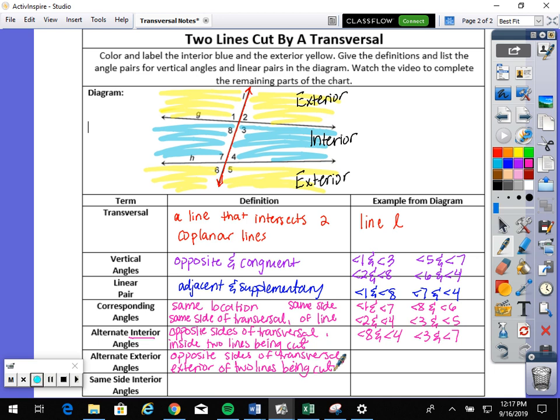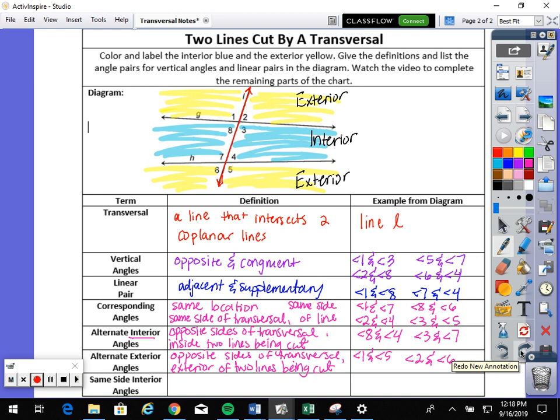So we're going to have angle 1 and angle 5, and then we're going to have angle 2 and angle 6. So 1 and 5, they're on opposite sides. One's on the left, one's on the right of the transversal, but they're both in the exterior. And then same thing with 2 and 6.